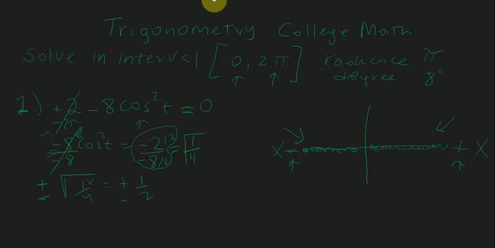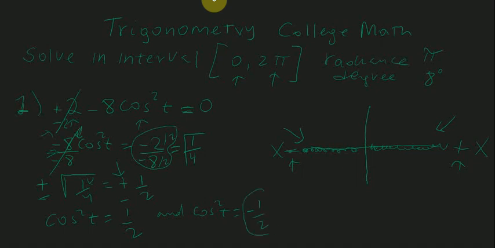So now we can say cosine t is equal to 1 over 2, that's the positive one, and cosine t equals negative 1 over 2.